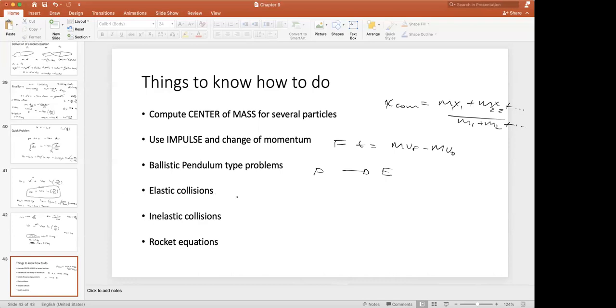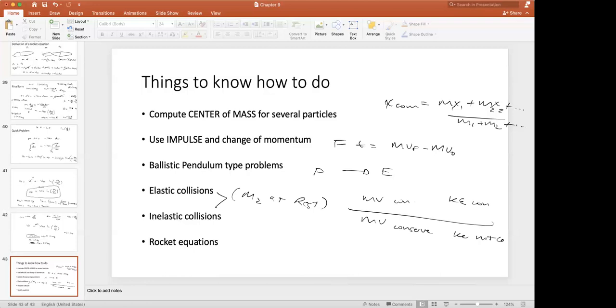Elastic collisions, I'm not going to put up those equations, but M2 at rest for both of these. Know how to do both of these problems with the second mass at rest. Inelastic though, MV conserved, KE conserved, MV conserved only, KE not conserved, right? And just those equations you'll be able to look up.